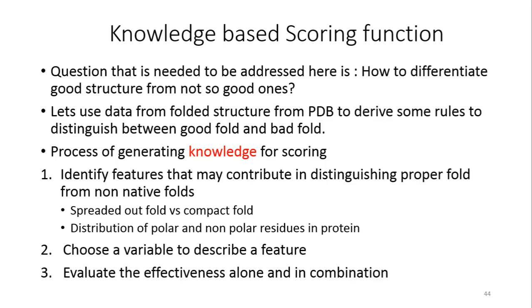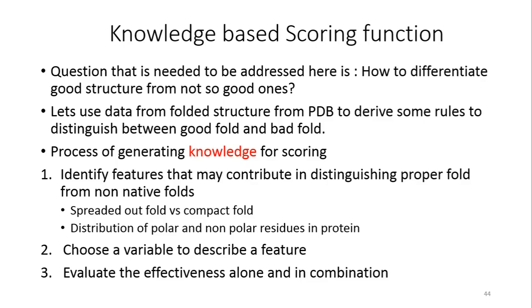Okay, and thirdly, we will definitely have to evaluate the effectiveness of whatever features we have quantified, alone and in combination. Say for example, we would like to evaluate how well hydrogen bonding and residue distribution work alone as well as if they are used in combination with each other.